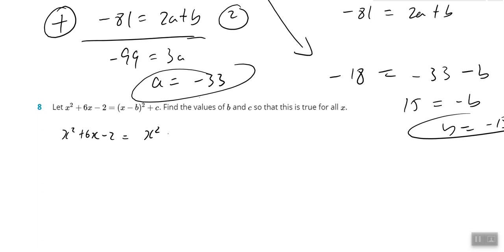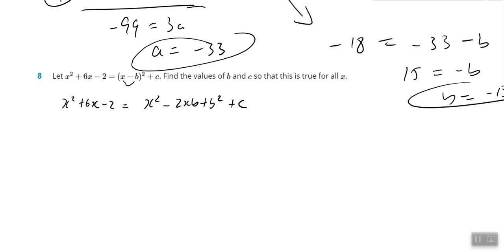So x squared minus, remember you go that times that. x times minus b is minus xb, double that, so minus 2xb plus b squared plus c. Now you've got your x squared term, your x term, and your constant. That's your constant because those two don't have x in them.